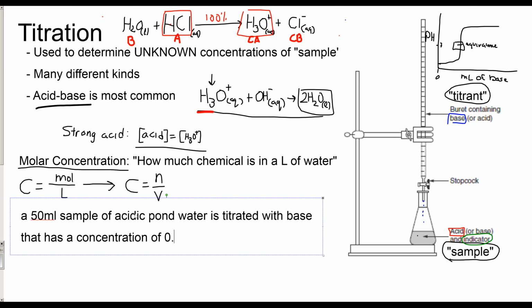So CA, and I don't mean calcium, that's a little subscript A. CA is the concentration of acid. VA is the volume of acid.